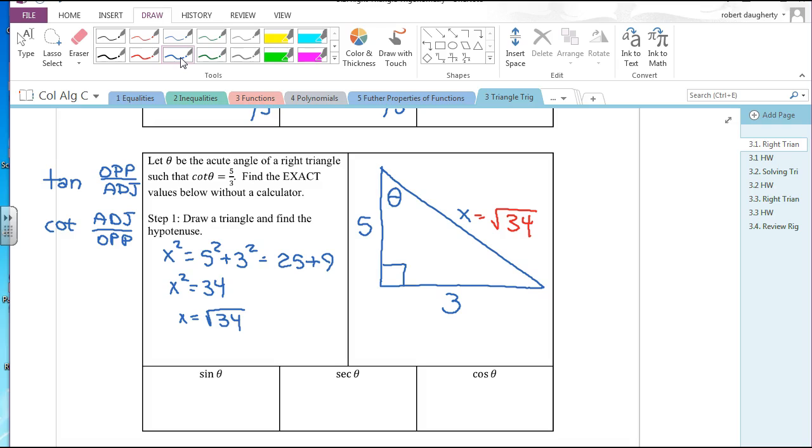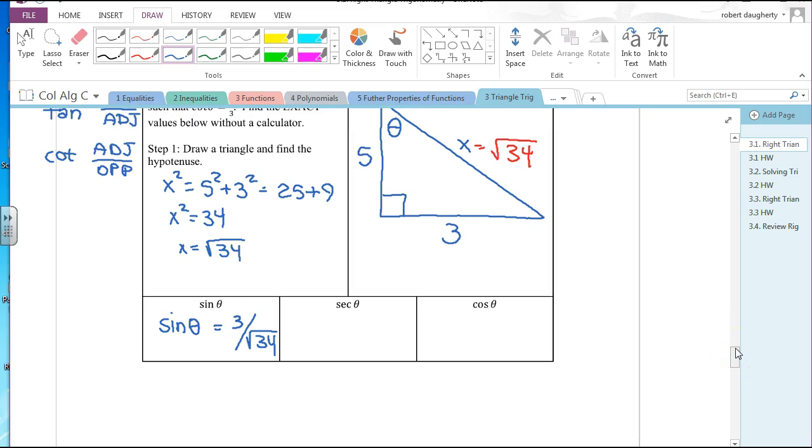So if I look at this angle, what's the definition of sine? Yeah. So what is the sine of that angle? Yeah, 3 over the square root of 34. Okay. Let me move over to cosine.